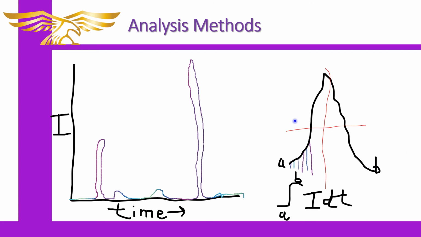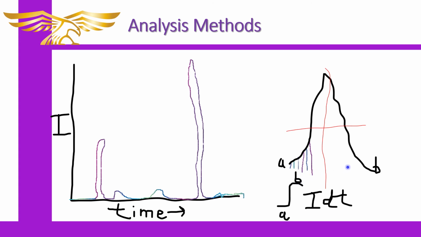But in the old way of doing it, what you would do is you would look at the curve, and in most cases it takes on the shape sort of like a triangle. So you would try to find the midpoint of the peak and measure the height, and then you could measure the width at the bottom, and you could use something like the area for a triangle equation to calculate or estimate what the area under that curve might be.